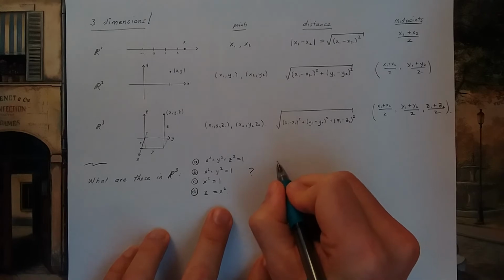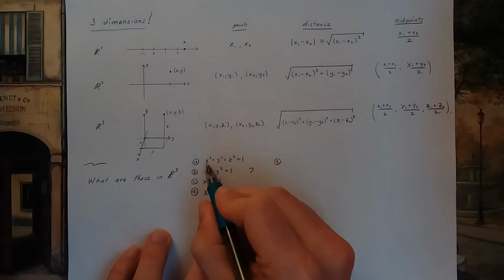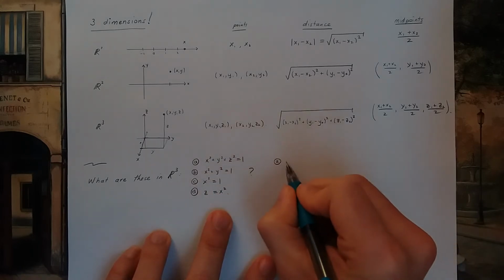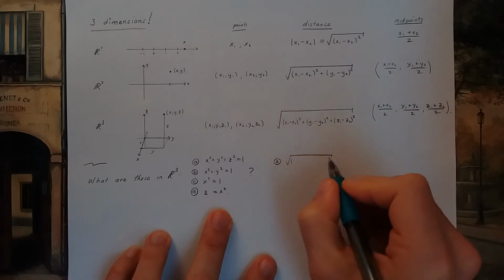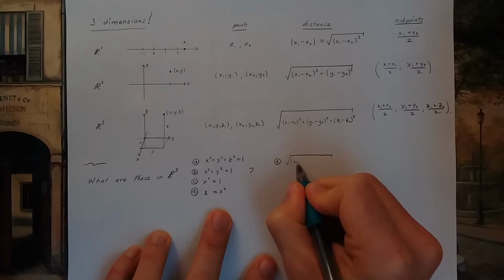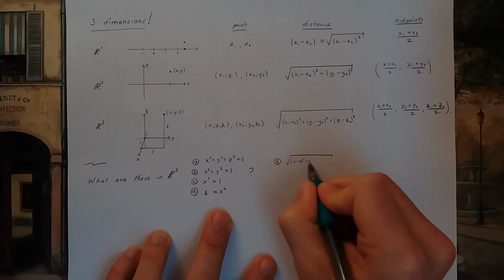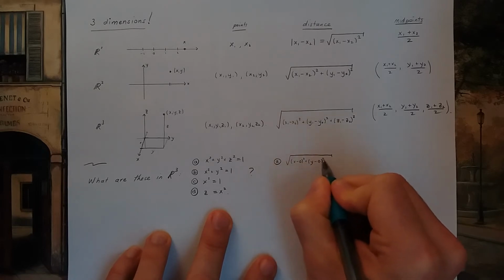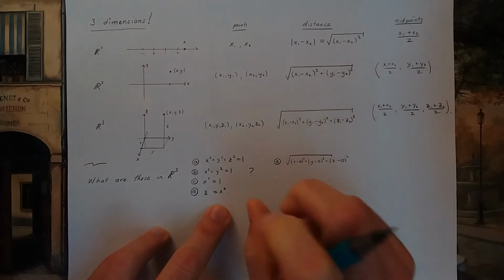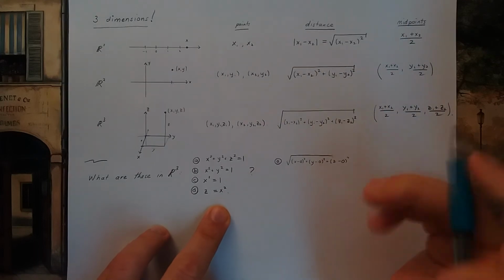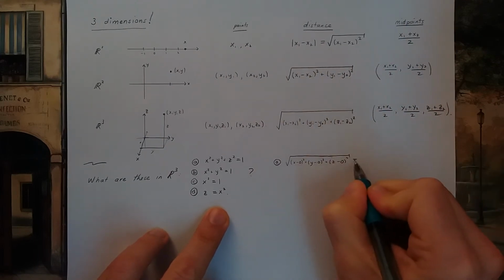Well, for A, you could write this expression, taking the square root on both sides, as the square root of x minus 0 squared plus y minus 0 squared plus z minus 0 squared equaling 1.